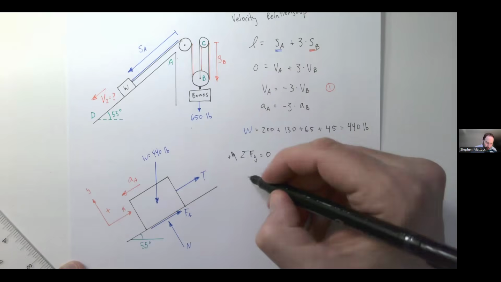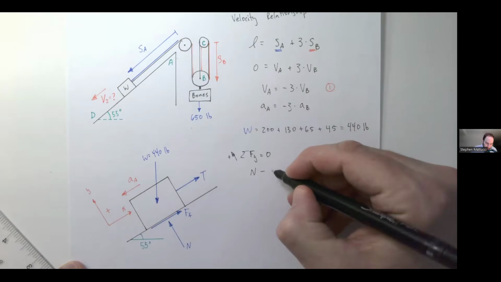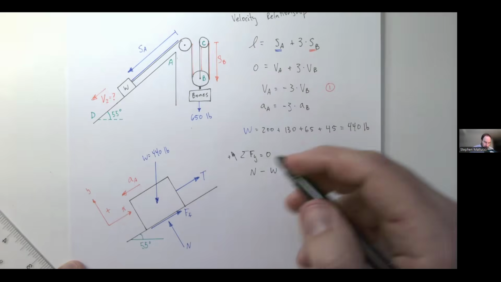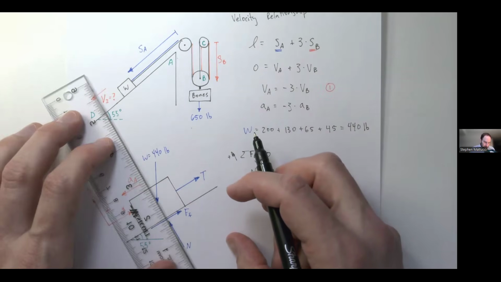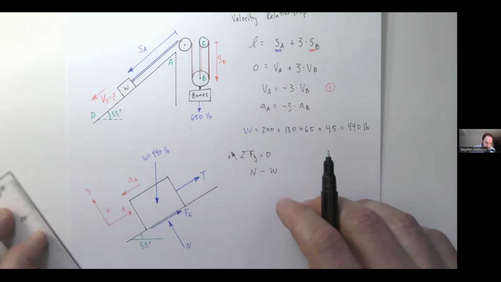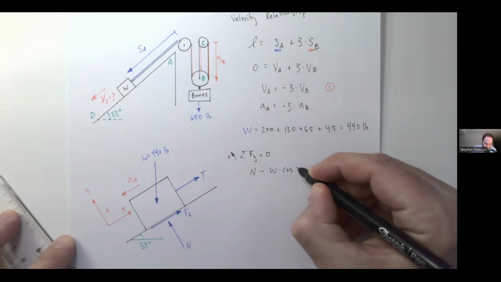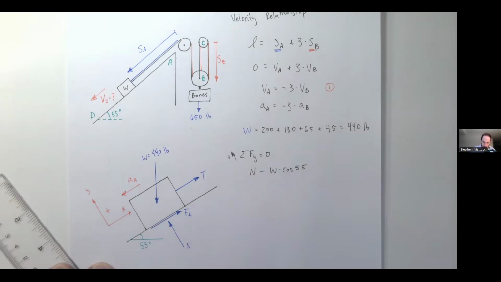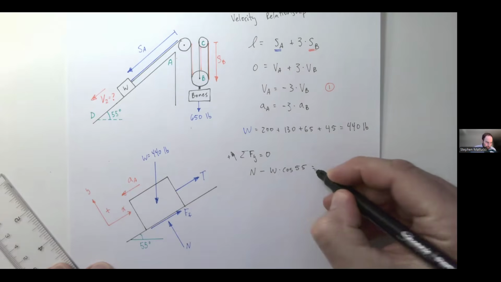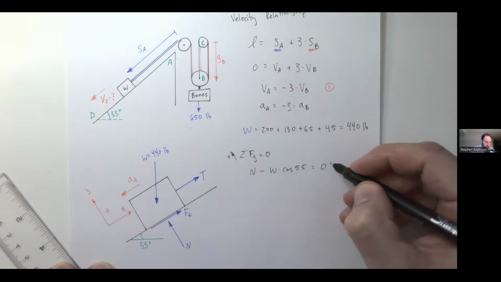So in this direction, we're going to have N minus W cos 55 equal to 0.